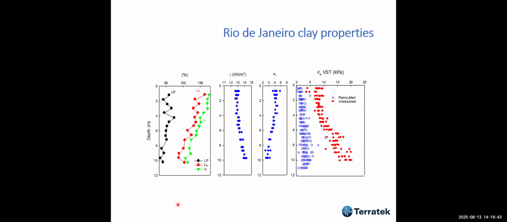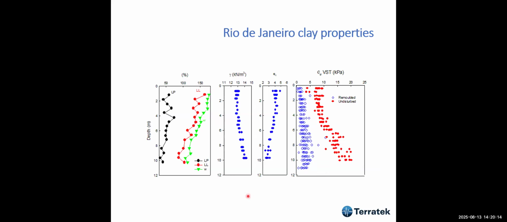And this is the kind of clay I did this research on. It was a clay deposit very, very close to Rio de Janeiro. The IP, I mean the difference between the plastic limit and the liquid limit, was about 70 to 80, and water content was very high, usually higher than the liquid limit.